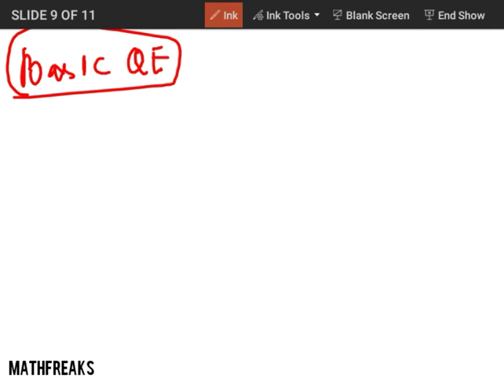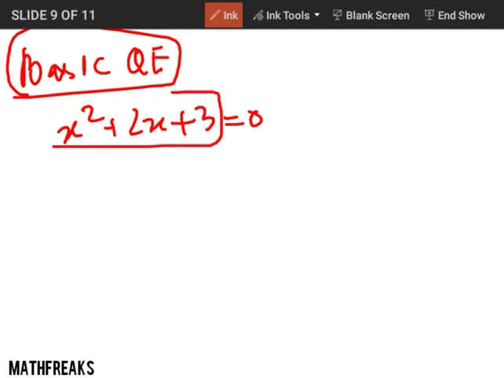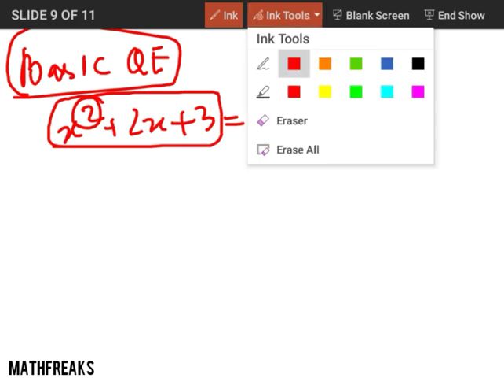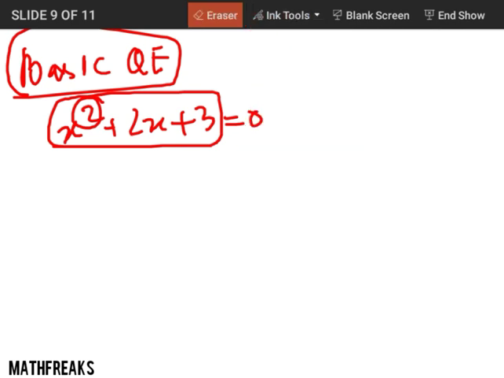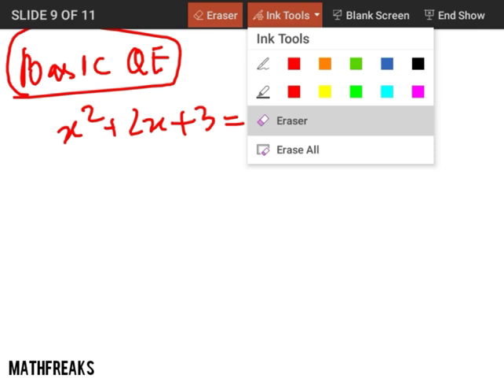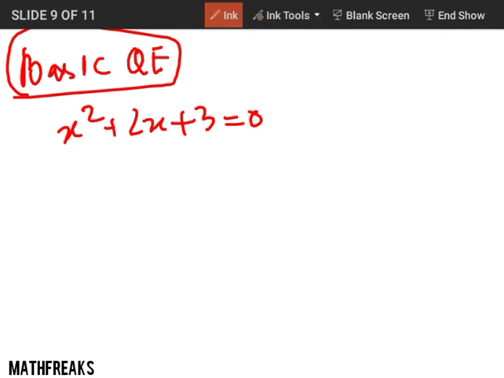exponent of an expression, like x square plus 2x plus 3 is equals to 0. This is a quadratic. Why? Because the expression that you see has degree 2. That is, the highest exponent of the variable is 2, hence it is the degree. And one condition is that the coefficient has to be an integer.